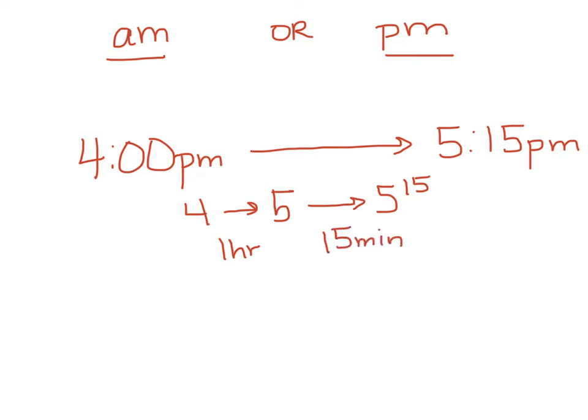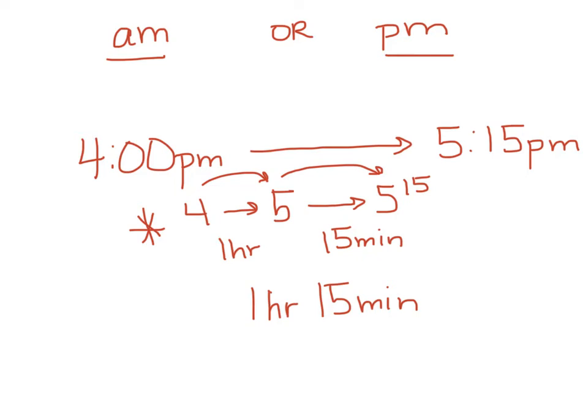So my total time, my elapsed time, is 1 hour and 15 minutes. If you think about it in terms of the direction, 4 to 5 and then 5 to 5:15, that will make it easier to figure out elapsed time.